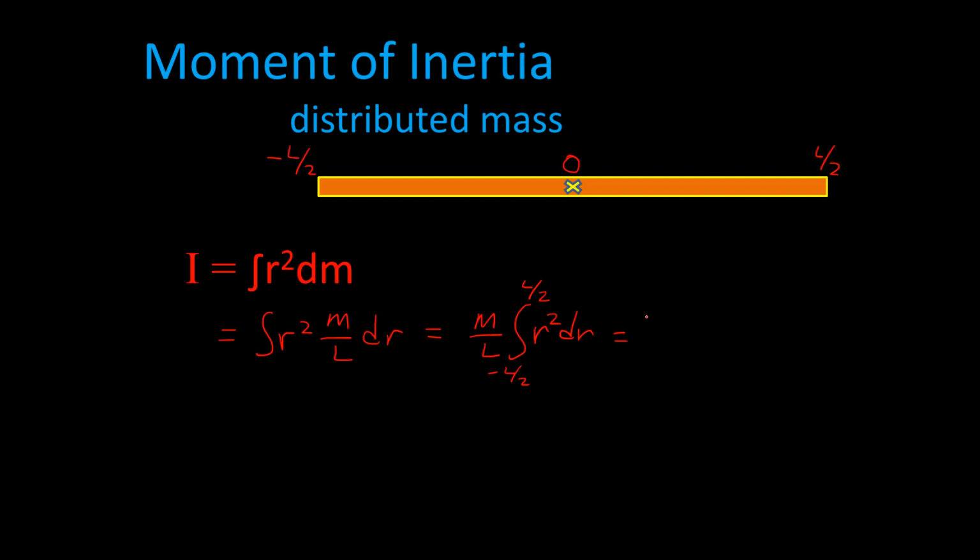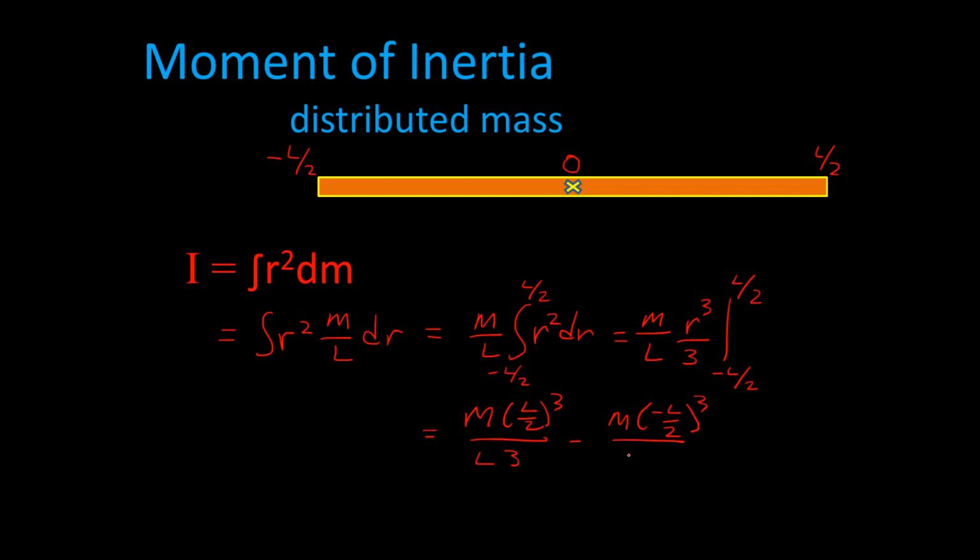Let's go ahead and I have m over L times r cubed over 3, and I'm going to go from negative L over 2 to L over 2. You can probably do that as well, but we'll find out this comes out to m (L over 2) cubed over L times 3, minus m (negative L over 2) cubed over L times 3.